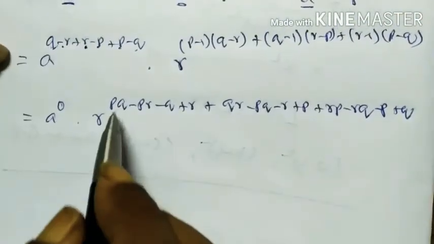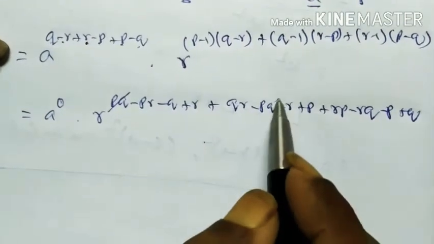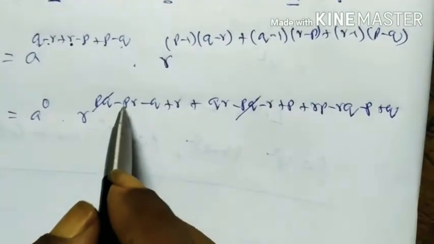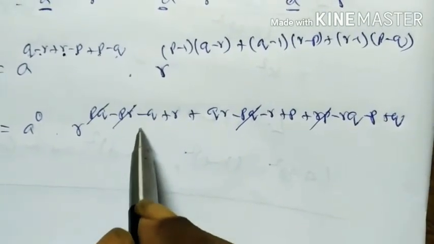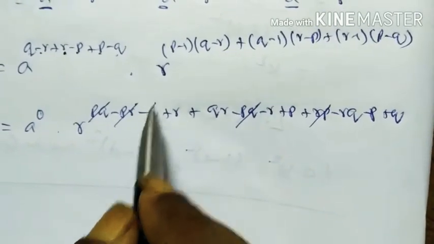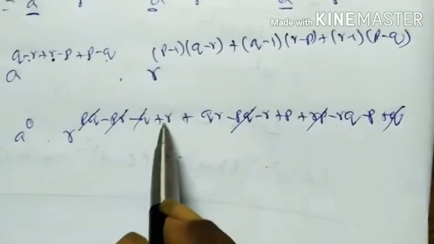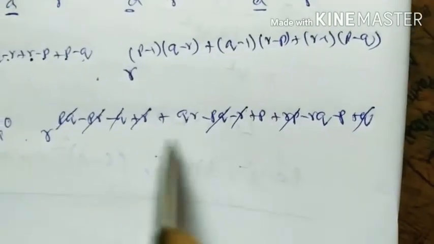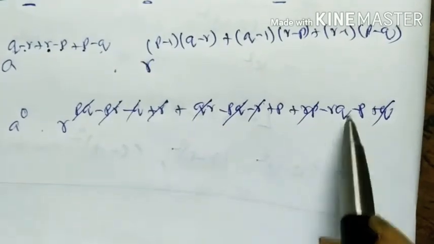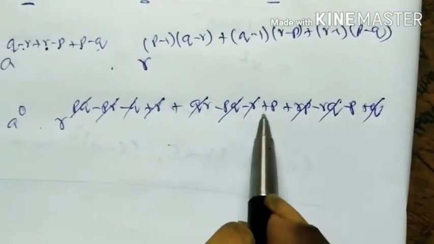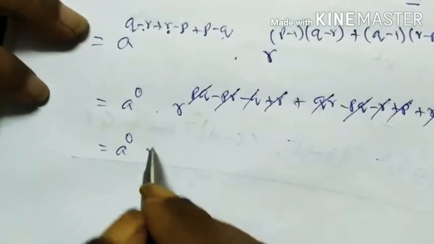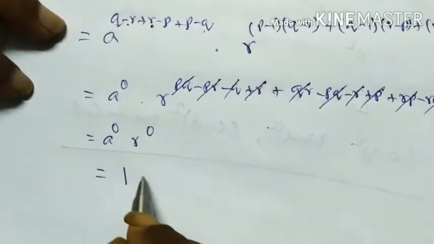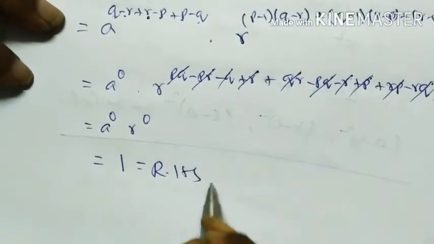So now you see this plus pq minus pq cancels out, minus pr plus rp cancels out, again minus q plus q cancels out, again plus r minus r cancels out, again plus qr minus qr cancels out, and plus p minus p cancels out. So a to the power of 0, r to the power of 0, which is equal to 1. This is the right hand side, which is proved here.